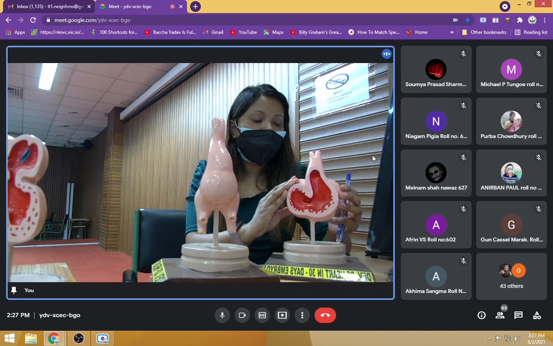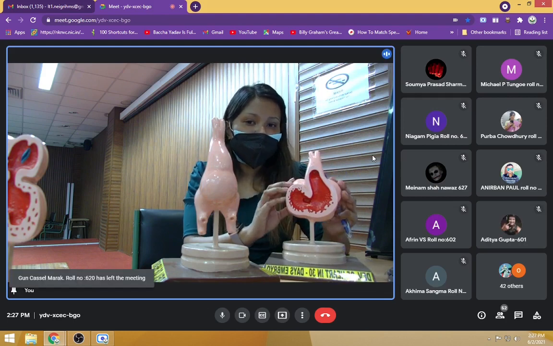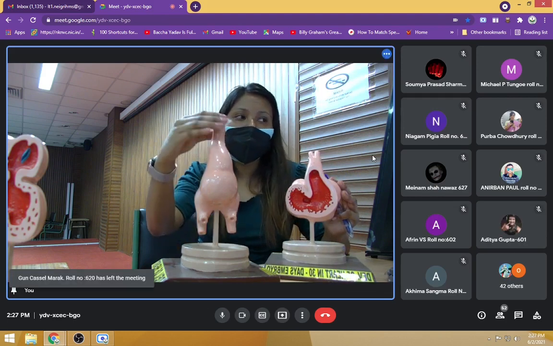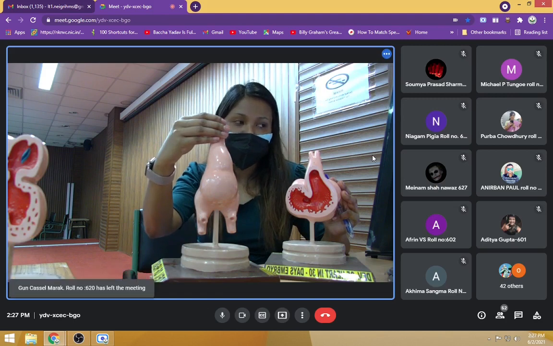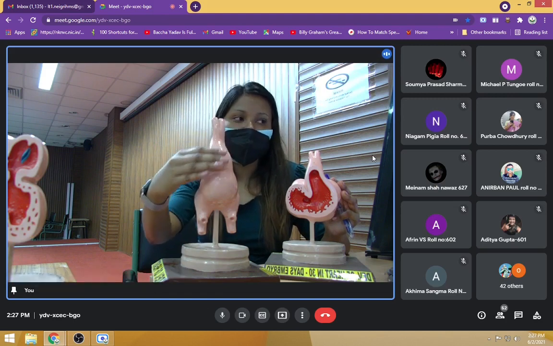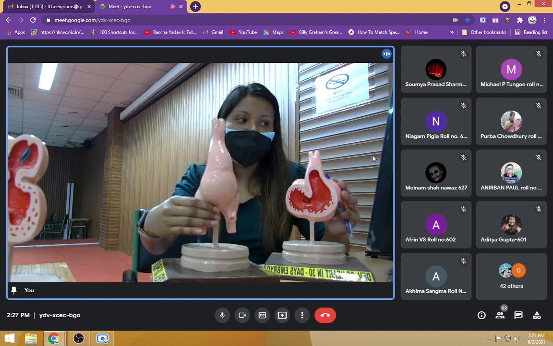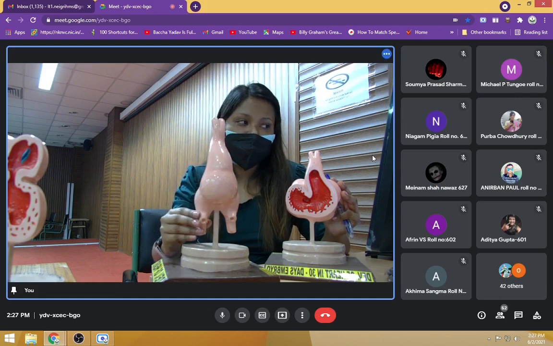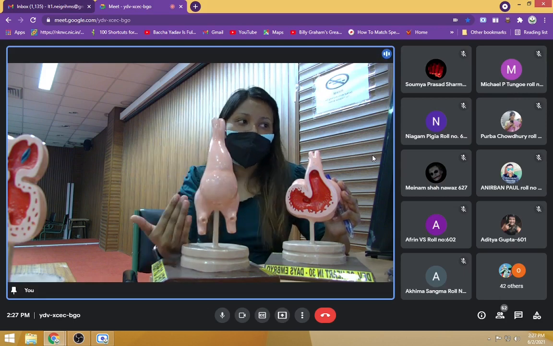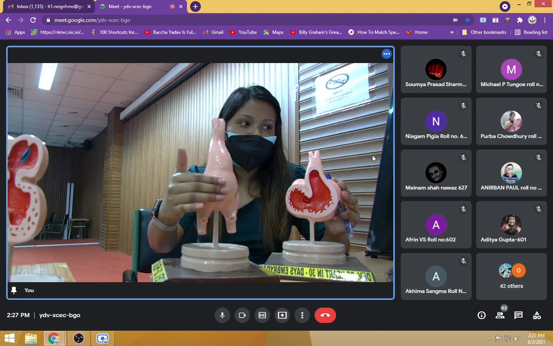So now what happened after the looping? Normally in this part we had the bulbus cordis, we had the primitive ventricle, we had the primitive atrium, we had the sinus venosus, and we had the horns. Okay. After the looping, what happened? This part, this primitive atrium, it comes backwards.